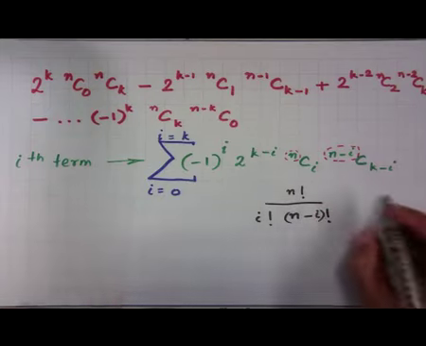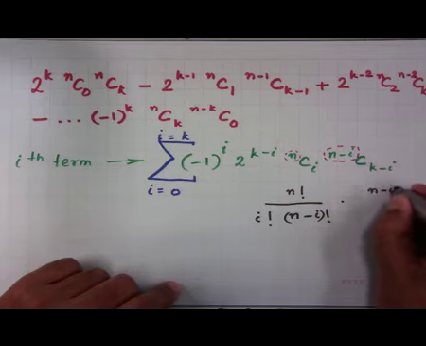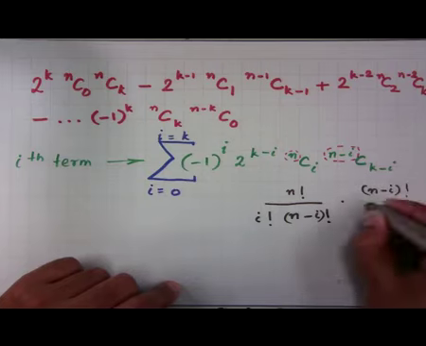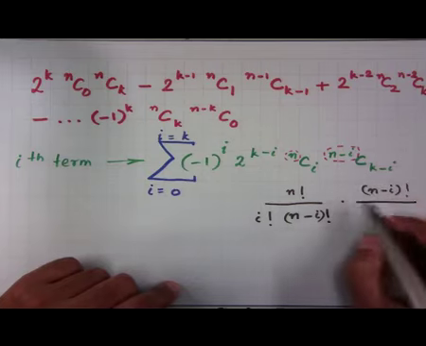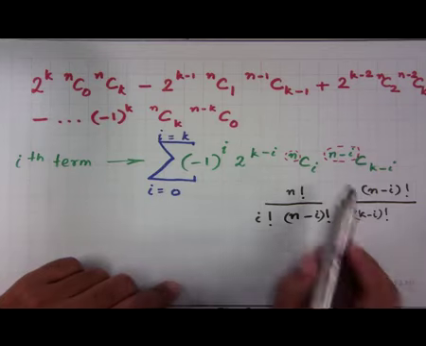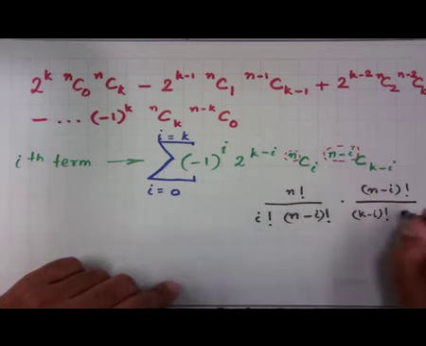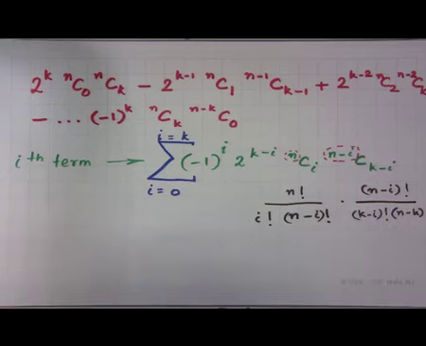And n minus i C k minus i is factorial n minus i by factorial k minus i and factorial n minus k. Great. So far so good.